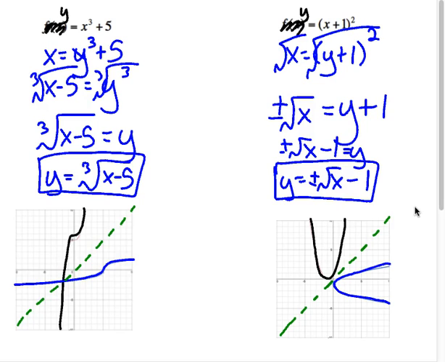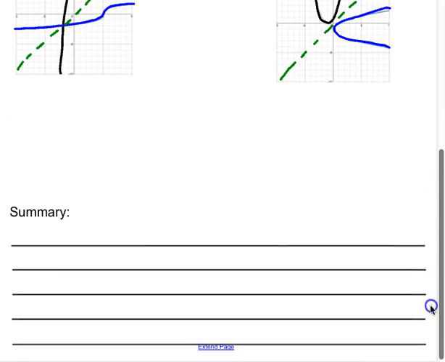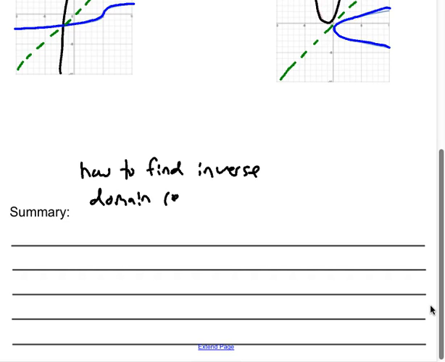All right, so a lot of good stuff in this one. A lot of good graphical stuff, equation manipulation, all of it. So I want you to now write me that summary. So again, summarize how to find an inverse. I'd like you to comment on that domain restriction that I mentioned.